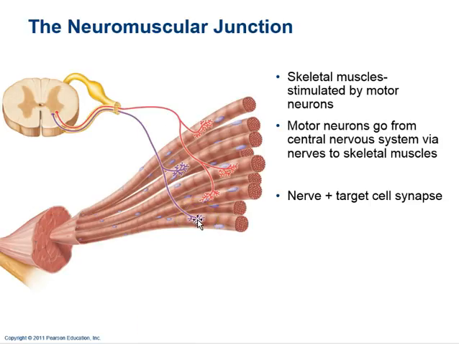Where a nerve meets its target tissue, whether it's where the nerve meets muscle or where two nerves meet each other, this is called a synapse. So the neuromuscular junction is the synapse between a neuron and a muscle or skeletal muscle.